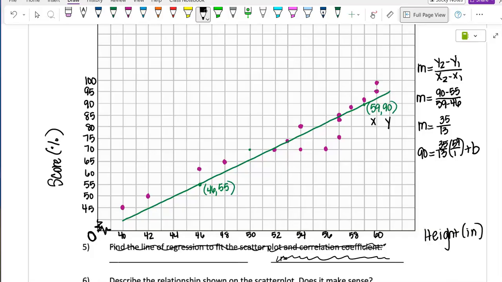I'm going to help you out with this math because this isn't going to be the prettiest of equations here. So 35 over 13 times 59.